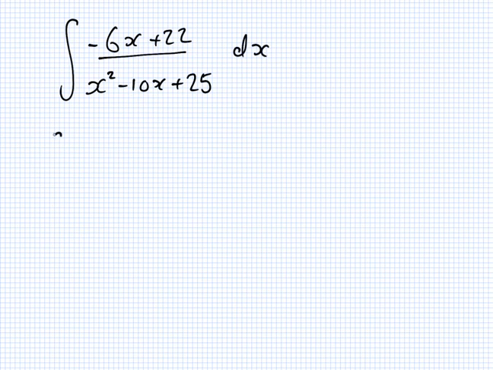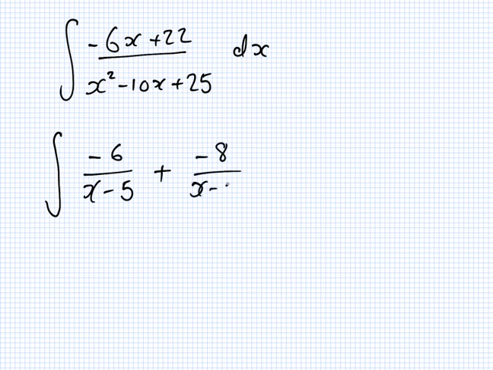Again, we use our proper partial fractions, and we can get here minus 6 over x minus 5 plus minus 8 over x minus 5 squared dx.